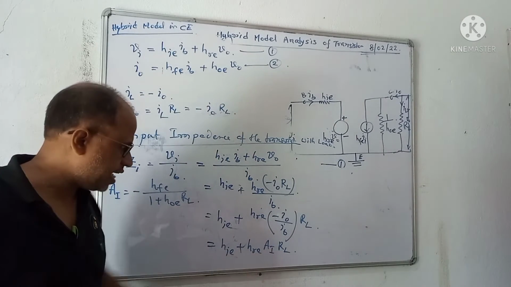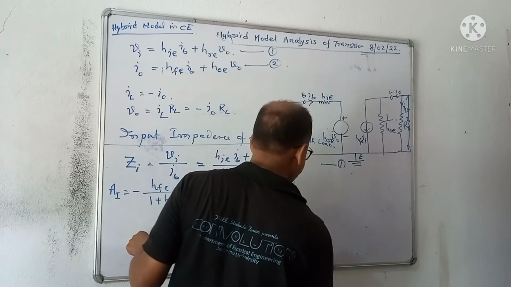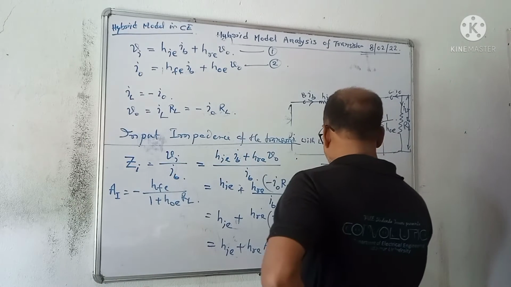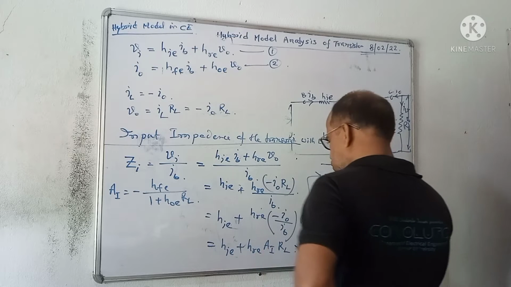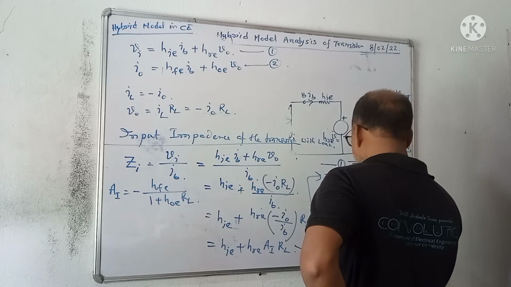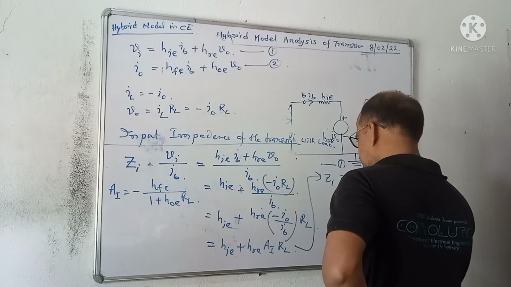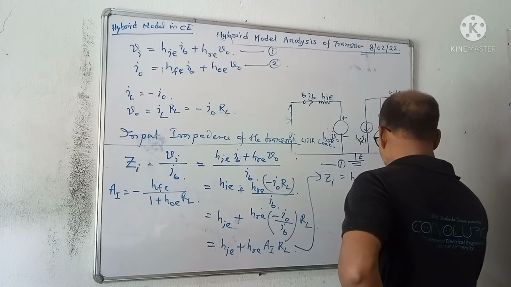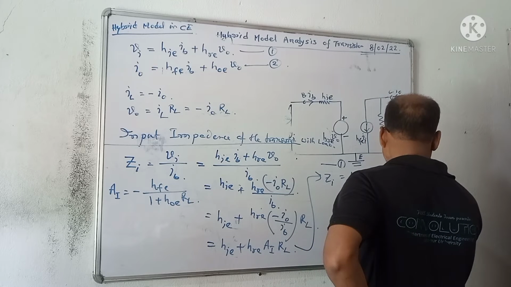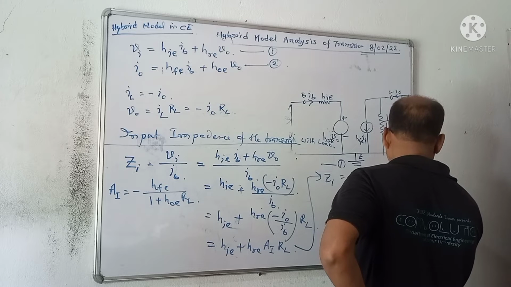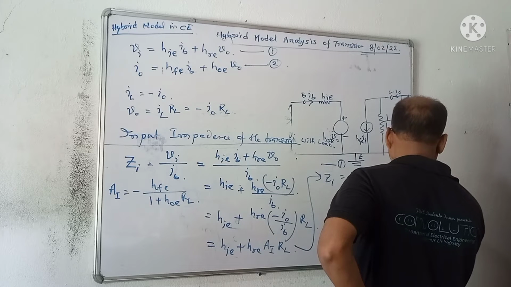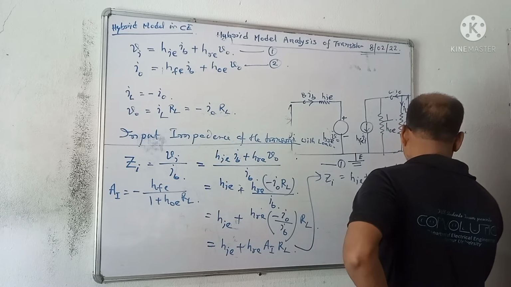Put this in here. We get ZI equal to HIE plus HRE into minus HFE by 1 plus HOE into RL, into RL.